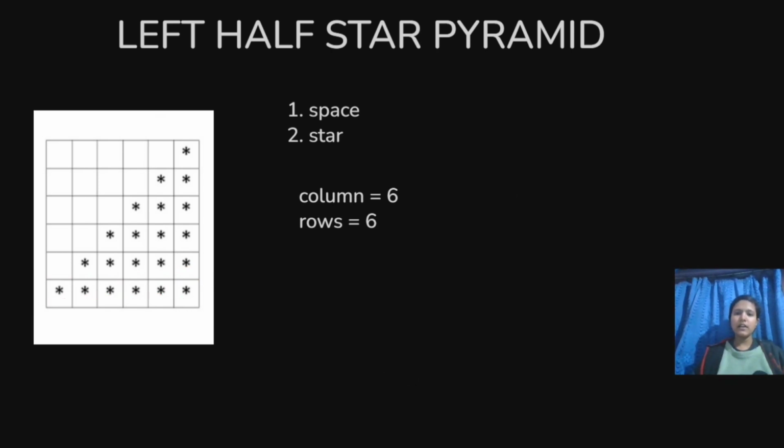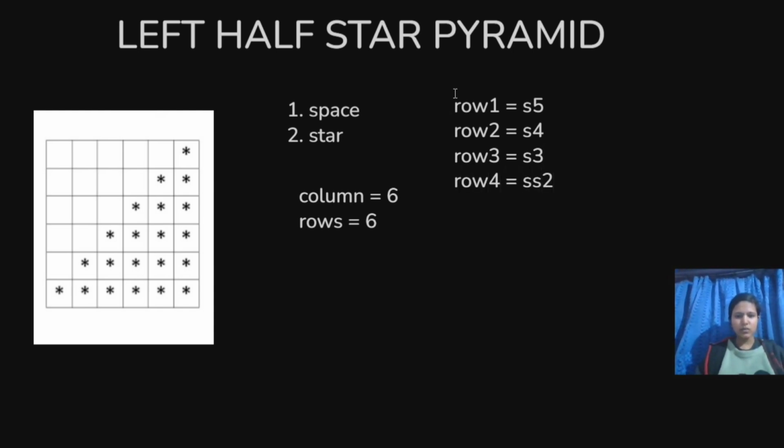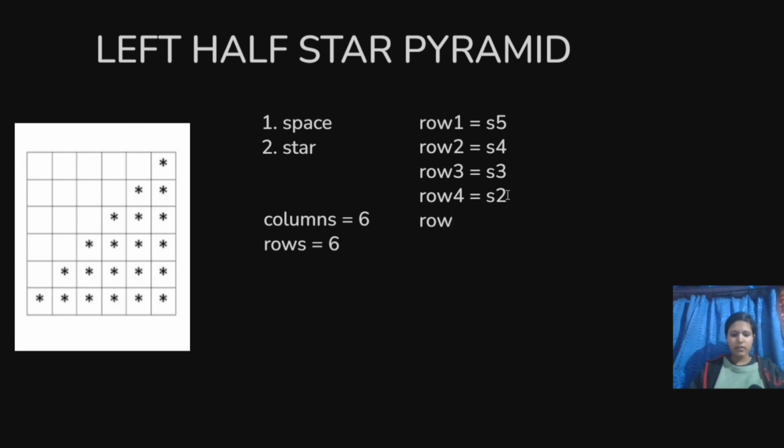So let's start. In row 1 how many spaces? 5. In row 2 space 4, row 3 space 3, row 4 space 2, row 5 space 1, and in the last row space 0.